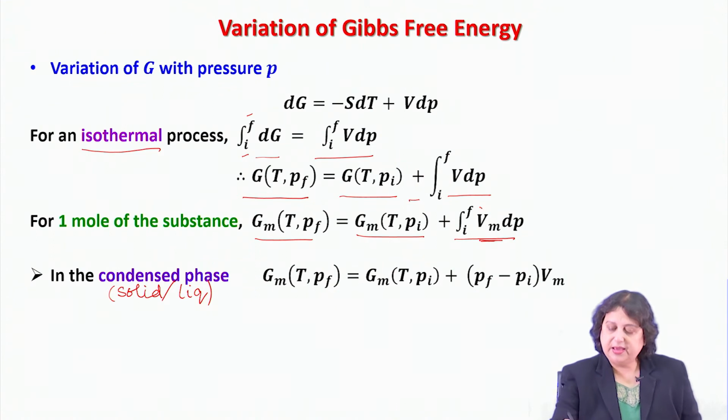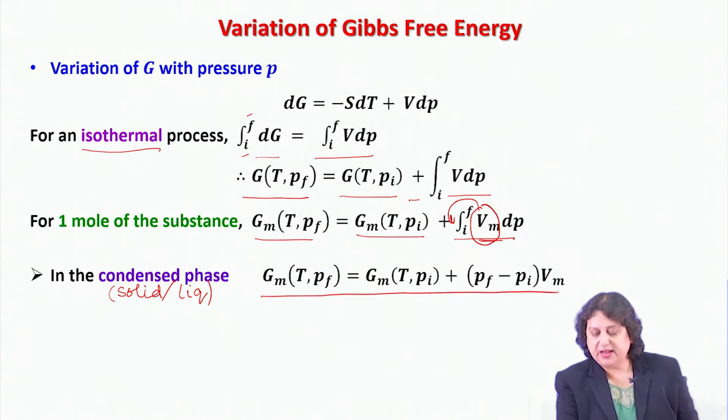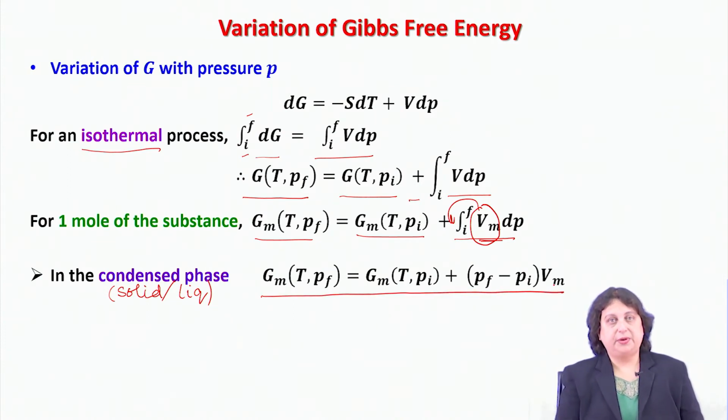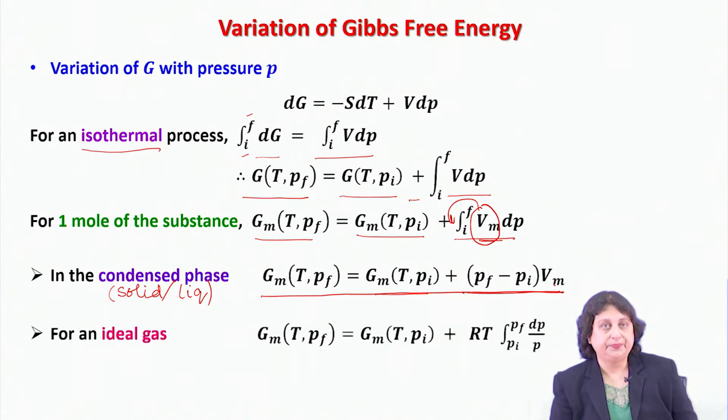Then I can take Vm out from this integration, and the result would be that the molar Gibbs free energy as you change the pressure from Pi to Pf will be this plus this quantity. So, if you know what your initial and the final pressures are, if you know what the molar volume is, then it is very easy to find out what would be the response of the Gibbs free energy of the system as a function of pressure.